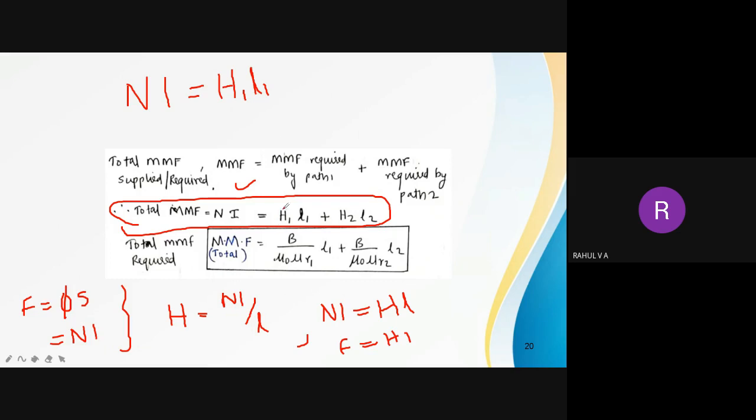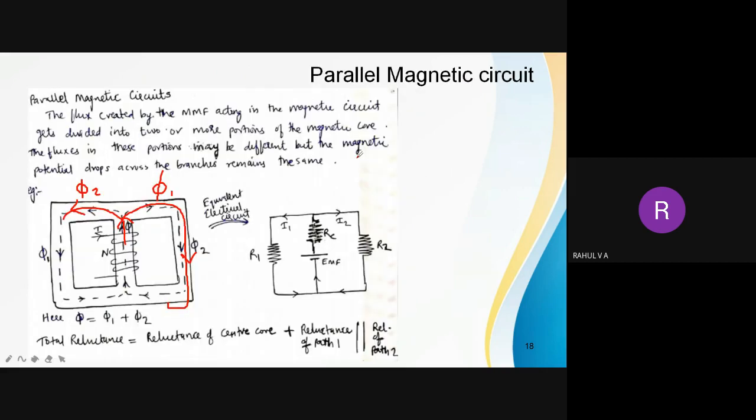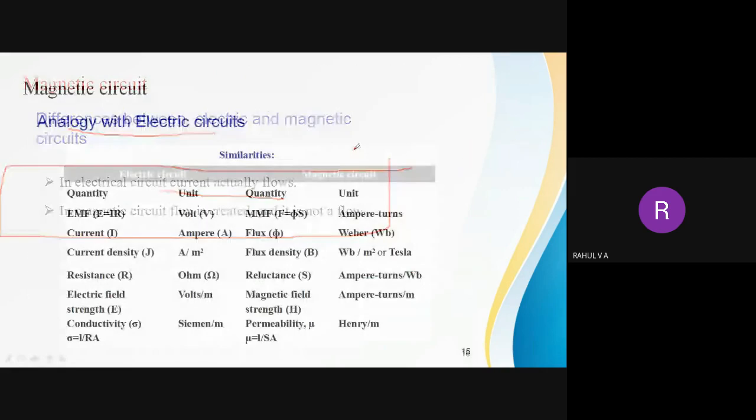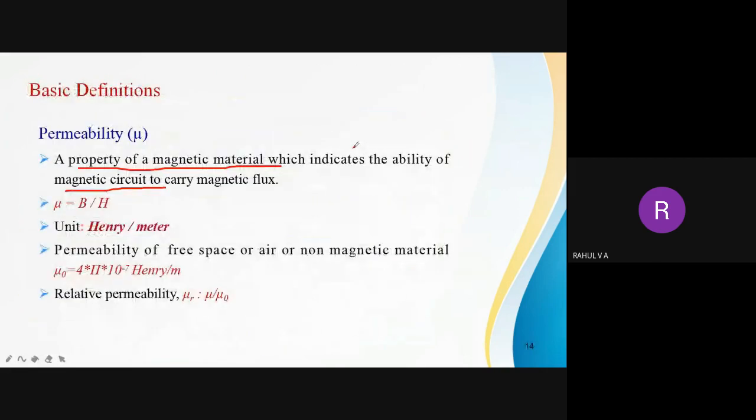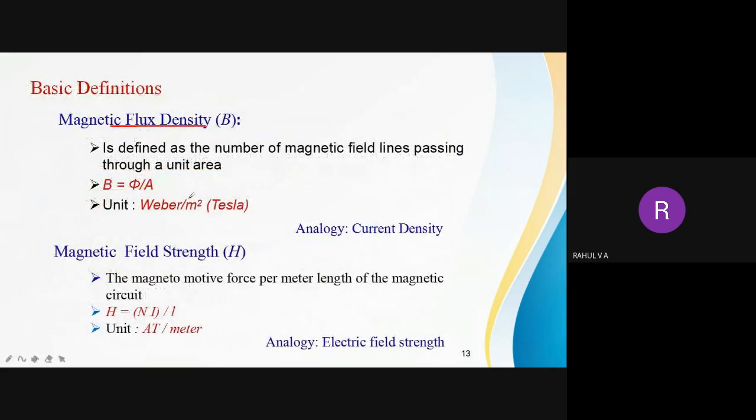Instead of H, again, we know that H is equal to B by mu. This we learned when we were explaining magnetic flux density, and permeability.